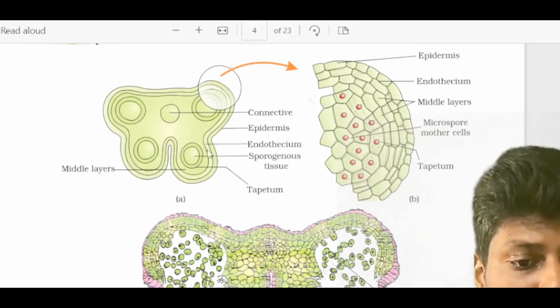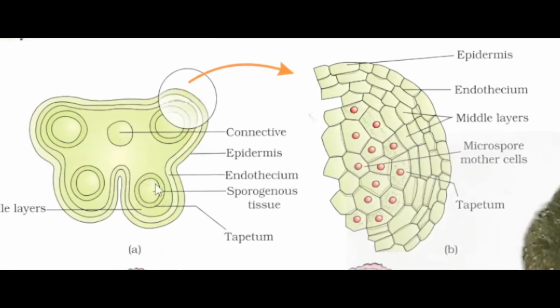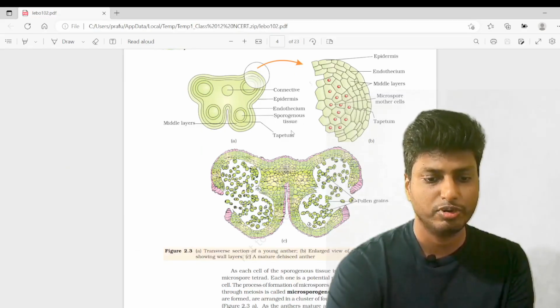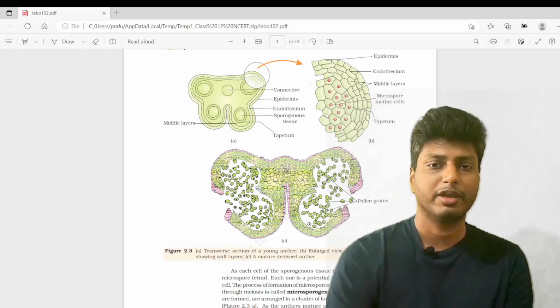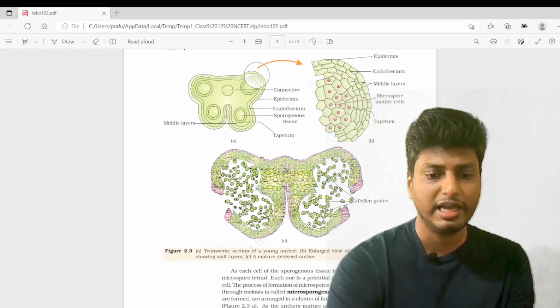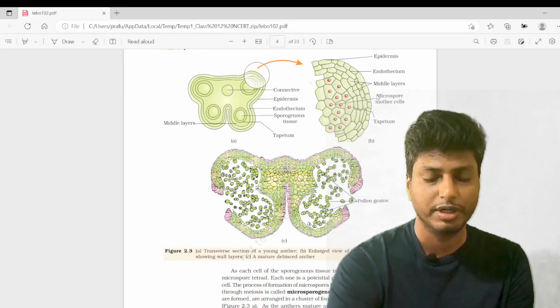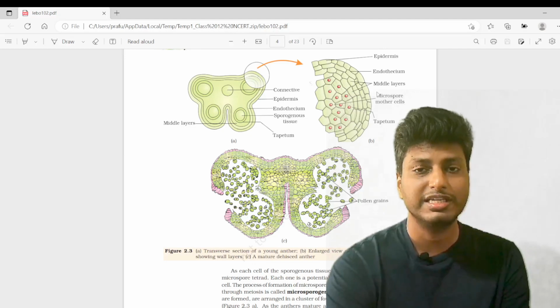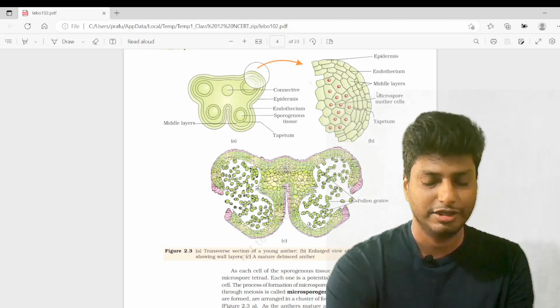Here they have shown the sporogenous tissue inside the pollen sac. Can you all see the sporogenous tissue? The sporogenous tissue is a diploid tissue present inside the pollen sac, and from this the microspore mother cells are formed. Microspore mother cells are the initial cells which ultimately form the pollen grains, dear students.